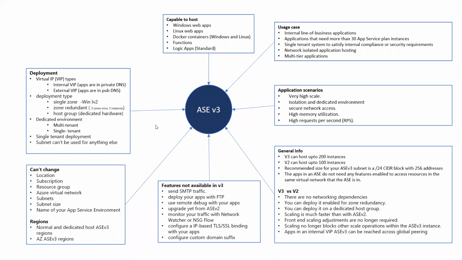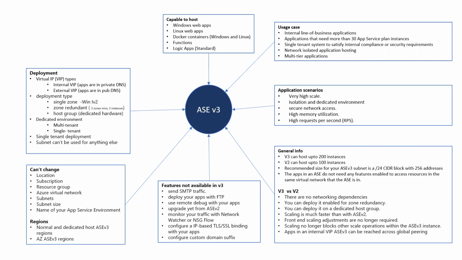Next, let's discuss the deployment considerations. Before you deploy your app service environment, make sure that you understand the virtual IP type, and also the deployment type. So what is the virtual IP type? There are two options available: internal VIP and external VIP. While provisioning the app service environment, you have to select one of them.